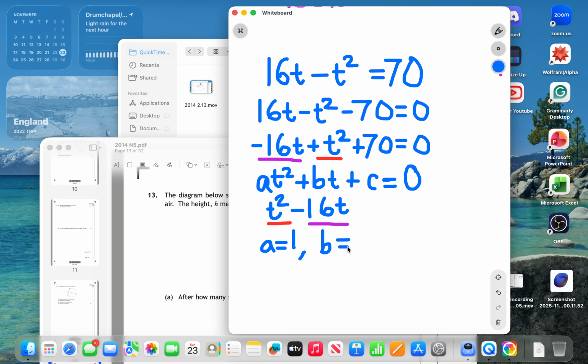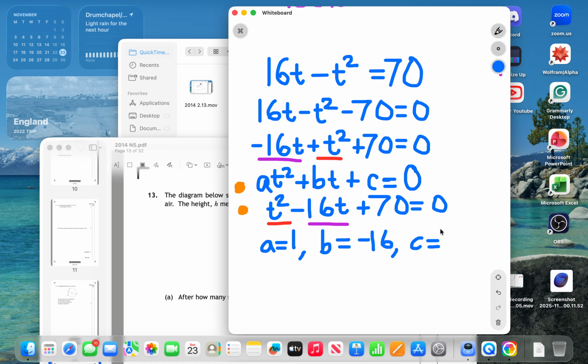Have a look at the coefficients, we are comparing two equations. We are comparing this equation and eventually this equation. Then the plus 70 just stays as it is. Plus 70 equals 0. So c is 70.